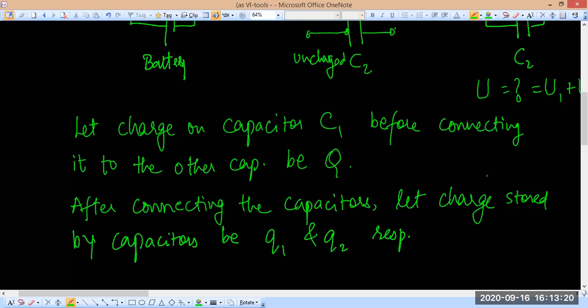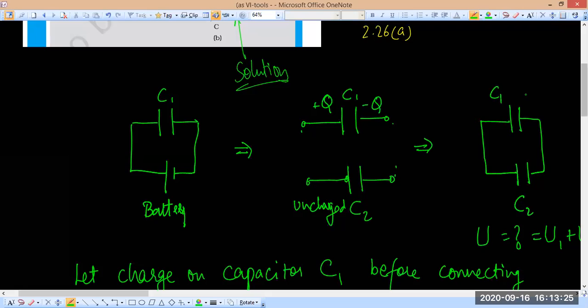It's not really about symbols. So after we join this and everything settles in equilibrium, let's say this has a charge Q1 and this has a charge Q2. If I say that this has a charge Q1, what this typically means is that the left plate has a charge plus Q1 and the right plate has a charge minus Q1; this left plate has a charge plus Q2 and this has a charge minus Q2. Is this clear?